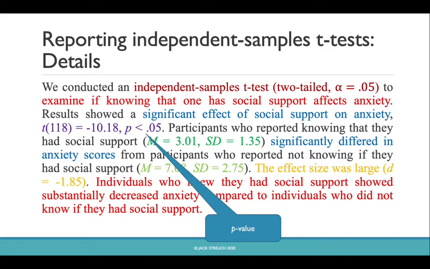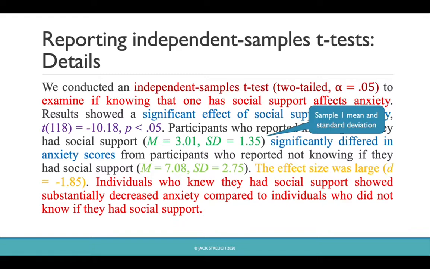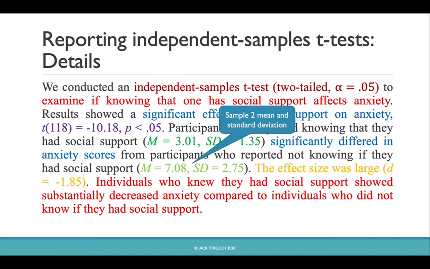We follow this report of the test statistics with a verbal description of what happened. So here, participants who reported knowing that they had social support significantly differed in anxiety scores from participants who reported not knowing if they had social support. In that verbal description, we include both the mean and standard deviation of sample 1, in parentheses, and the mean and standard deviation of sample 2, also in parentheses.